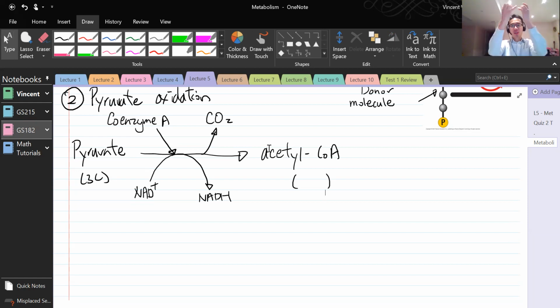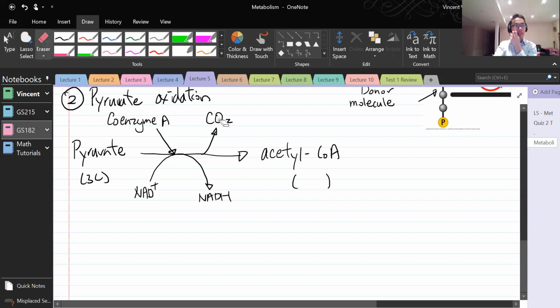For the glucose, you split it into 2 pyruvate, so 3 carbon, 3 carbon, and then now we remove a carbon dioxide. So we're going to have 2 carbons left in the acetyl-CoA, 2 of the carbons from the original glucose, because you take away the carbon dioxide. That's why 3 minus 1 gives you 2.